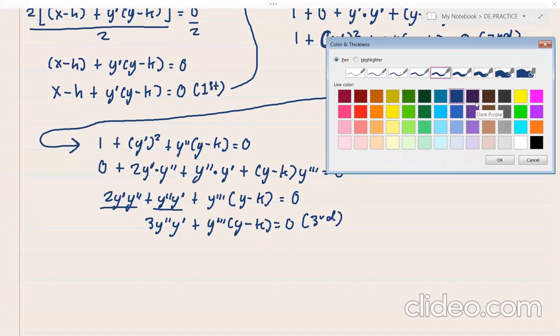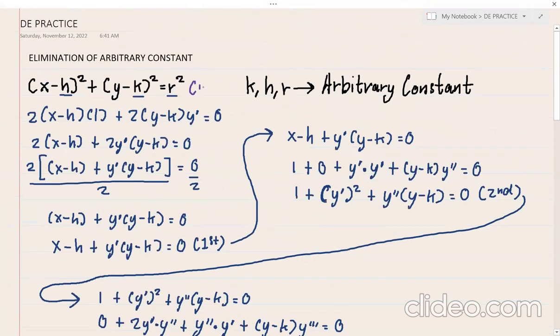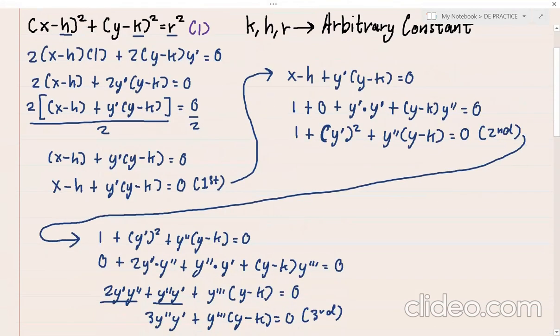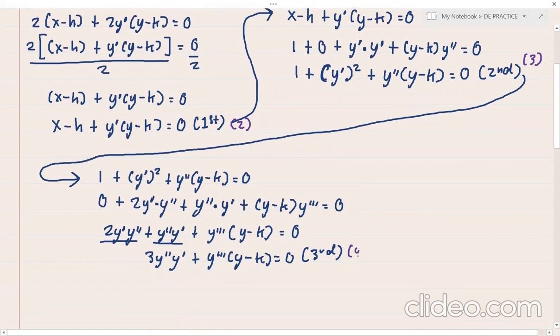So therefore, I'm going to use the equations in this problem. And what are those equations? First, our given problem. Second, the first derivative. Then our third equation is the second derivative. And our fourth equation is the third derivative. Okay.